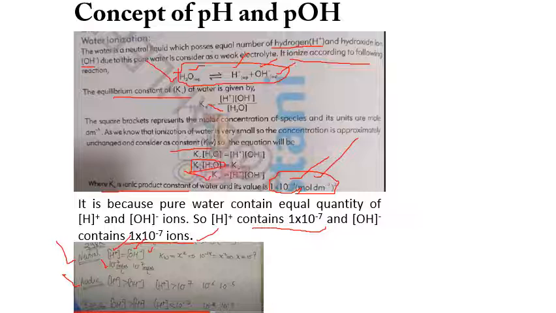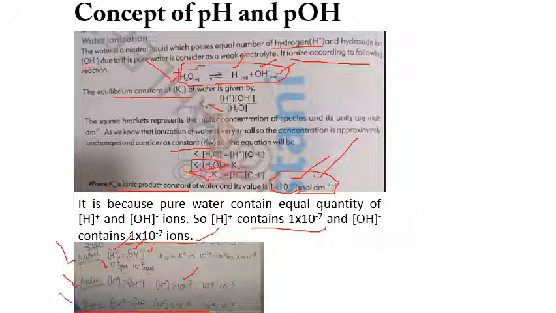It means H plus ions are greater than 10 power minus 7, meaning 10 power minus 6, 10 power minus 5. Because when we reduce the number, the concentration increases, since the power is negative. Therefore, when we go from 10 power minus 7 to minus 6, minus 5, the concentration is increasing.